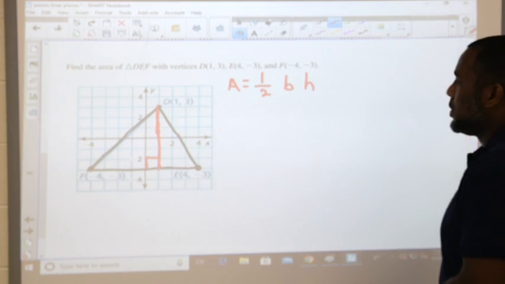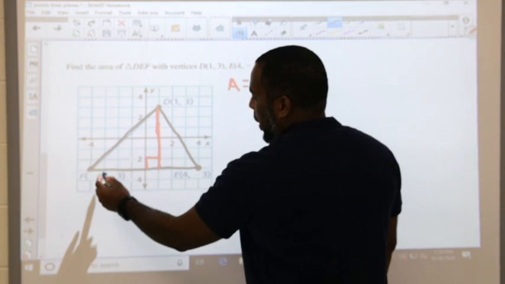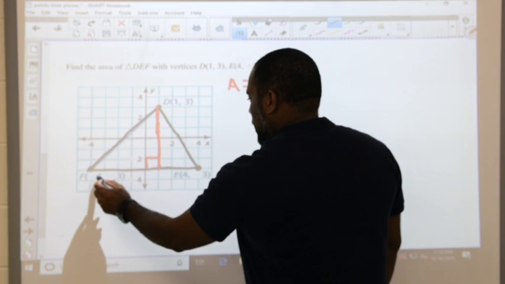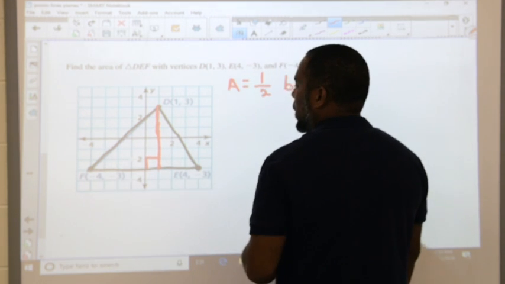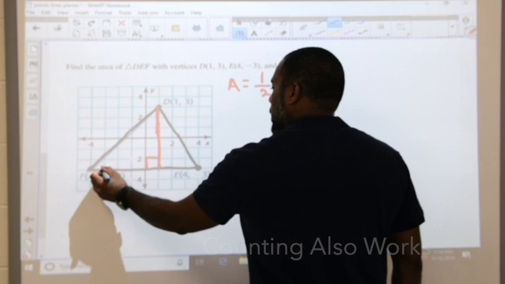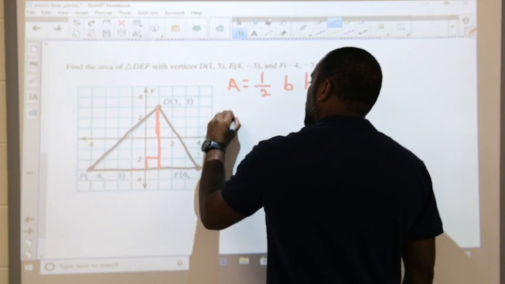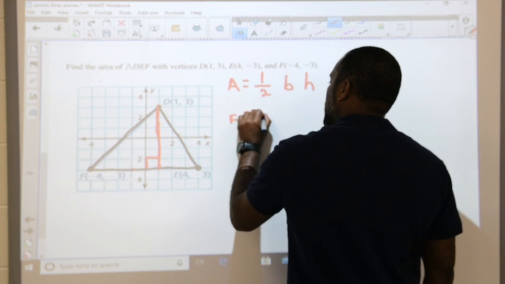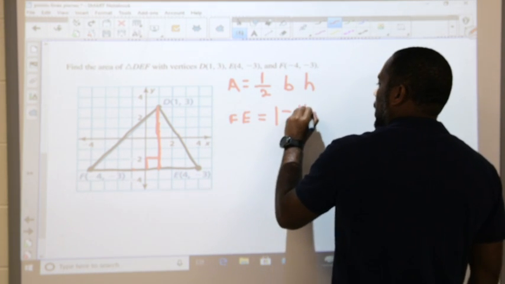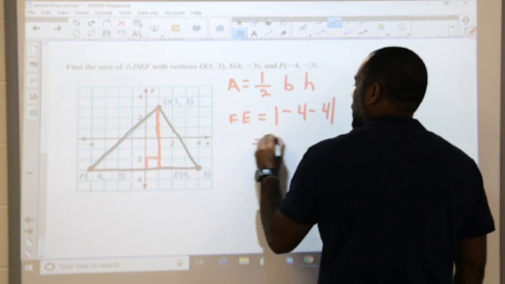The base, lucky enough here, can be found by the ruler rule on the x-axis. That's going to be the -4 and the 4. So from F to E, the distance from F to E is 1, 2, 3, 4, 5, 6, 7, 8. FE is equal to the absolute value of 4 minus negative 4, which is 8.